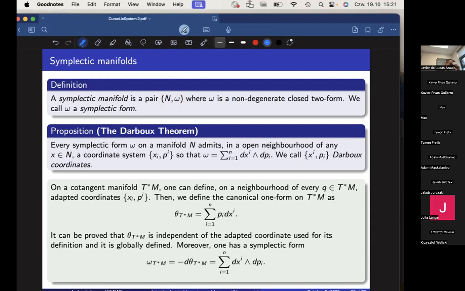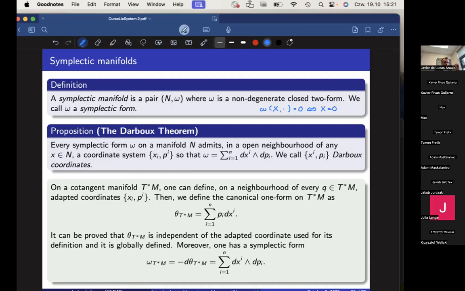For those who don't know what non-degenerate means, it means exactly that if you have omega, the symplectic form, a differential two-form is said to be non-degenerate if, when this two-form is contracted with a certain tangent vector X and the result is equal to 0, this is equivalent to saying that X is equal to 0.